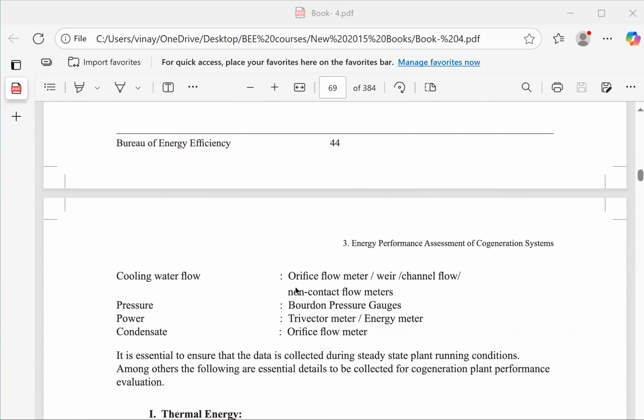Then cooling water flow, the orifice flow meters or the channel flows or the weirs. Then pressure, Bourdon pressure gauge. These are the standard pressure gauges nowadays. Some electronic gauges are also coming, but since this book edition is from 2015, the latest equipment is not added here. But anyway, since it is in the book, you write the answer.